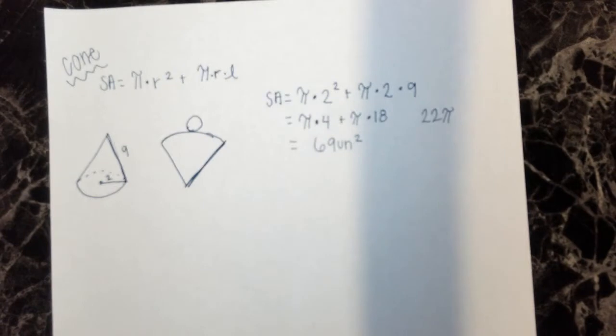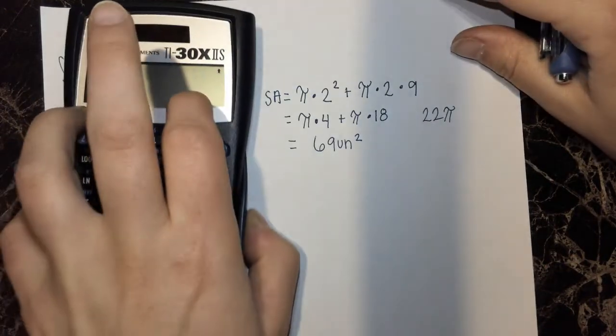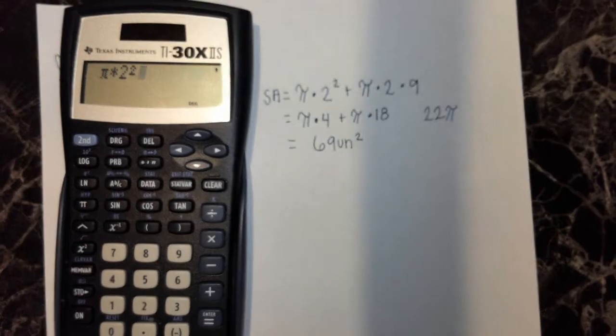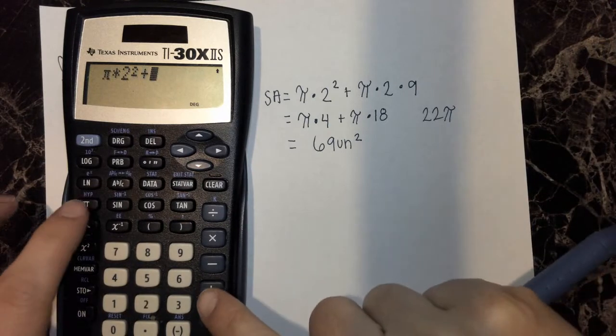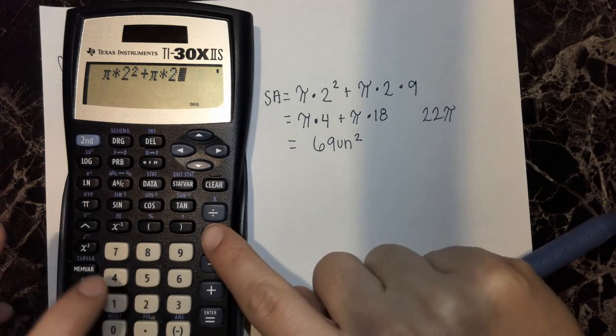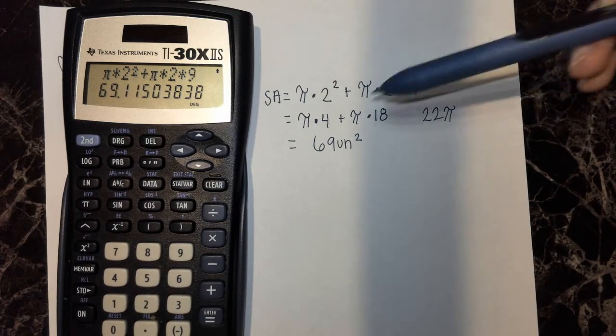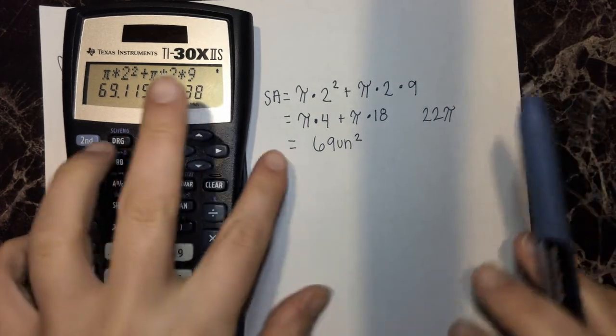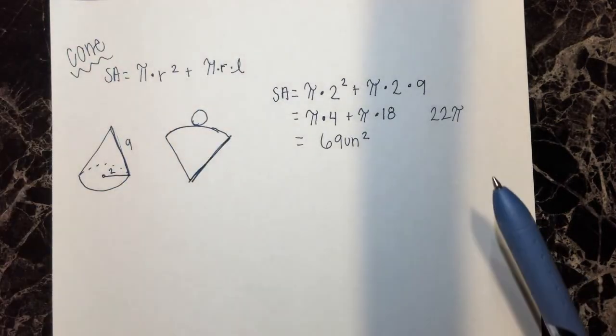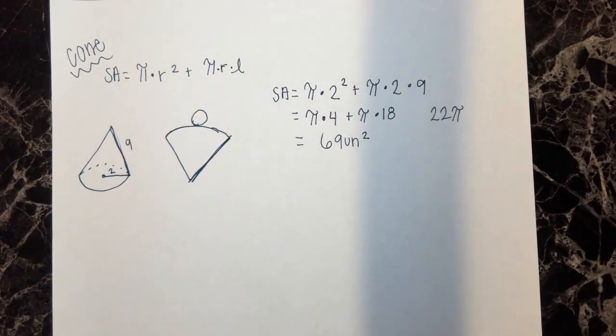One second, guys, sorry. There we go. When you plug it in, pi times 2 squared plus pi times 2 times 9, you would get the exact same answer. So you can plug it in from the top, or you can simplify it out. This one has much less going on in it, as long as you have the slant height.